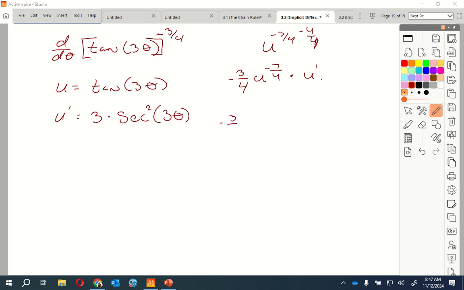Negative 3 over 4, my u is tangent 3 theta, raised to negative 7 over 4 times u prime, which is 3 secant squared 3 theta.